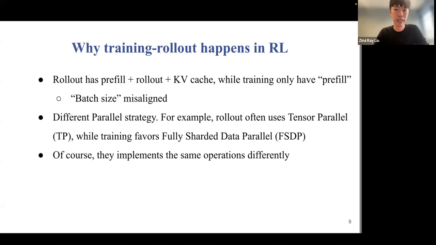For example, for rollout, we often use tensor parallelism because decoding is memory bound, so we use TP to alleviate this issue. But for training, we usually have a pretty large batch size, and also we don't have decoding or KV cache, so training is compute bound. We favor fully sharded data parallel. And of course, they implement the same operation differently. So that's the reason why, for RL, it is very hard to align the training and rollout.